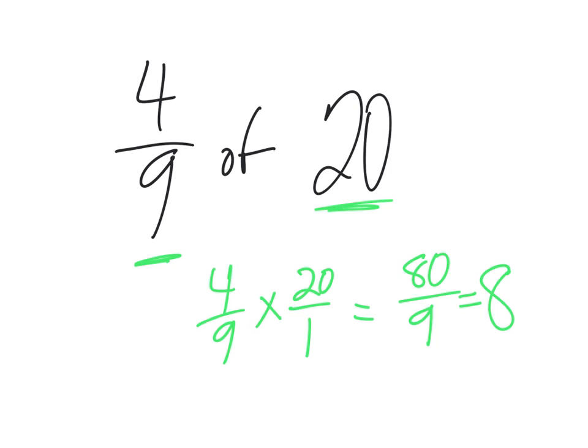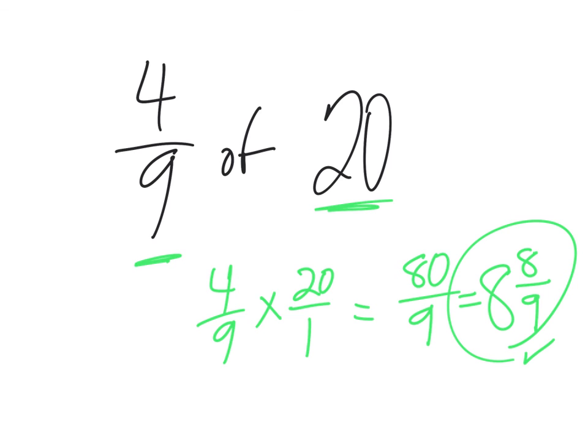I think it can go in 8 times. 9 times 8 is 72, so that tells me I'm just a little bit under, and I'd have to think about the difference between 72 and 80. The difference there would be 8. My denominator would not change, so I would have 8 and 8 ninths as my answer here. I cannot simplify 8 ninths, so I know that this would be a final answer.